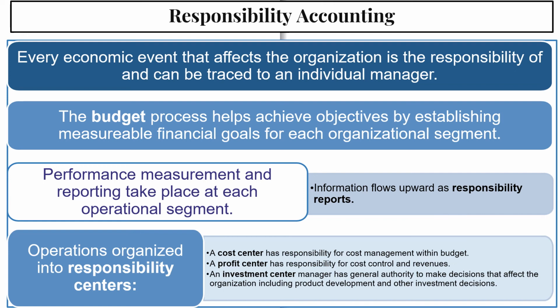The sales department is considered a profit center, whereas the production department is considered a cost center. An investment center manager has general authority to make decisions that affect the organization, including product development and other investment decisions.